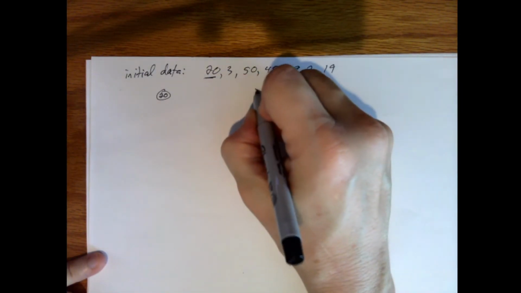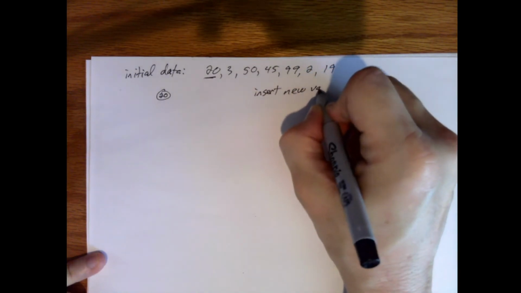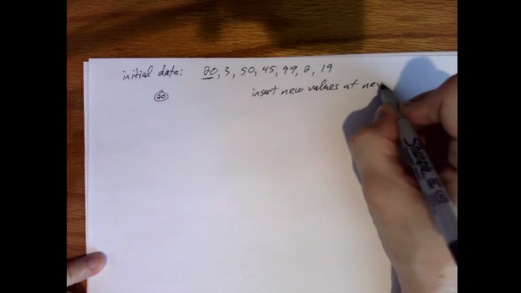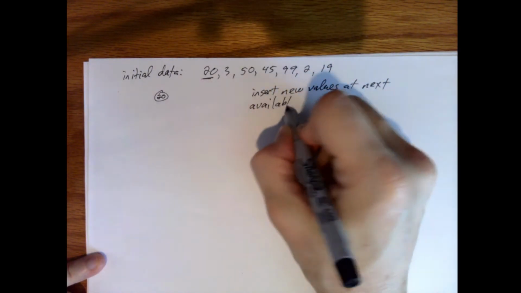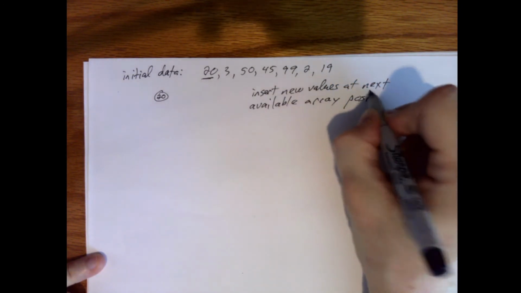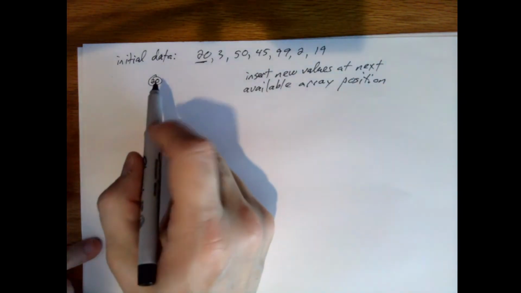So what we do is we insert new values at next available array position. What does that mean? Well, remember, we need our tree to be complete.